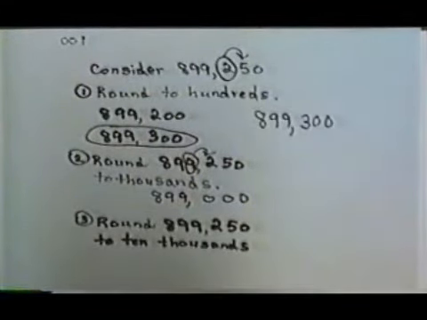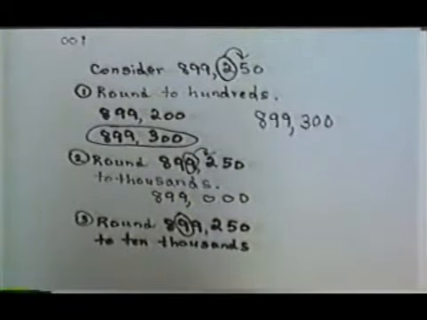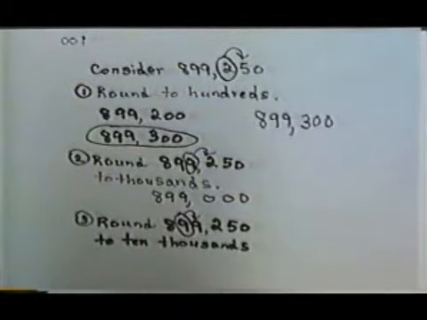Now let's take our number and round it to 10,000s. If we're looking for 10,000s, this is ones, tens, and a thousands group. So that 9 in the middle is in the 10,000s place. We're going to just look one digit over and let that digit tell us whether to keep that 9 or whether to take it up 1. Since the next digit over is a 9, that's certainly 5 or more. So that means we have to go up 1.